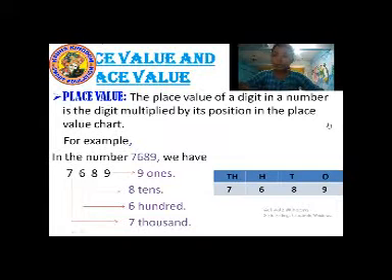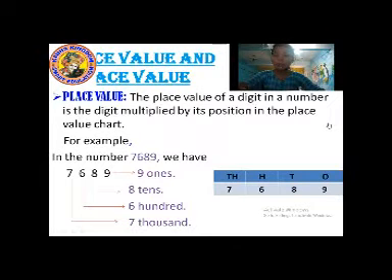The place value of 9 in the number 7689 is 9 ones, because 9 is in the ones place. And the place value of 8 in the number 7689 is 8 tens, because it is in the tens place.